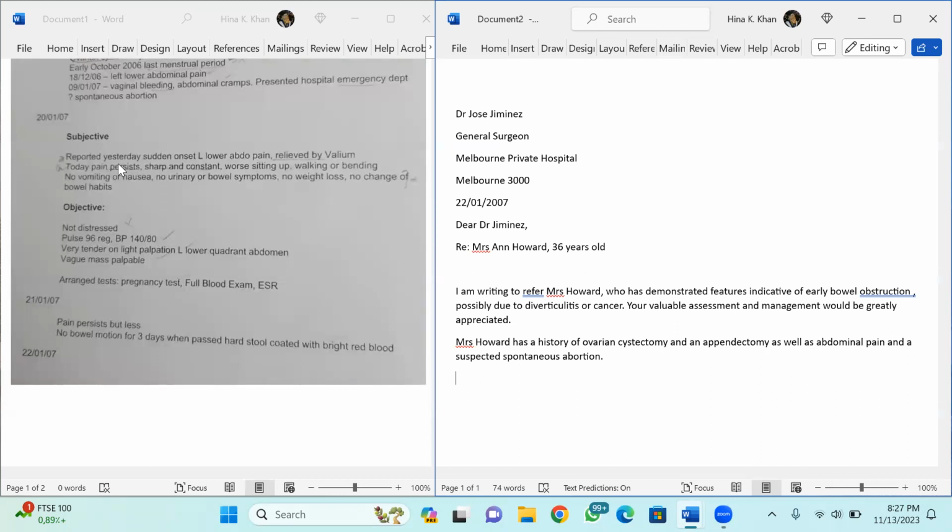Okay, so these are two different things. She came yesterday also to report it, and today again she's having this. So we are going to organize it in proper sentences, and then, okay, fine, she was not distressed, and I just arranged the investigations for her.